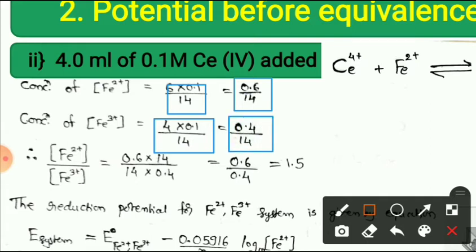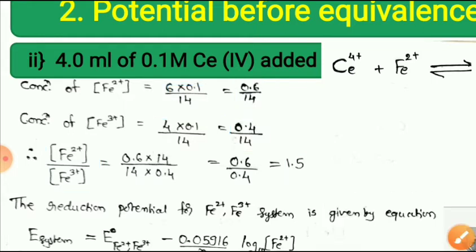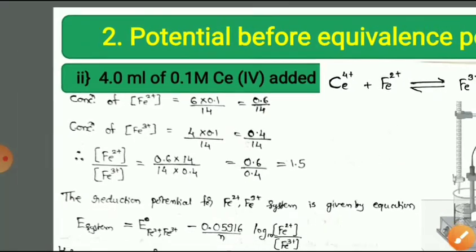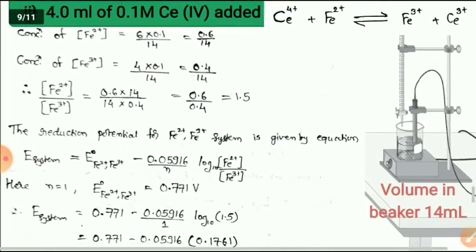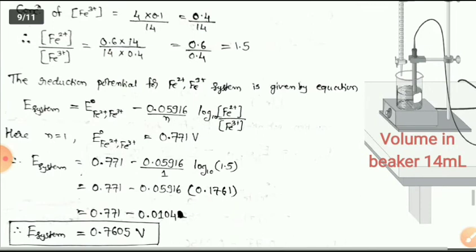Here also the 4 is the volume of Fe3+ ions present in the beaker. After calculating the concentrations, we have to calculate the ratio of these two concentrations, which becomes 1.5.